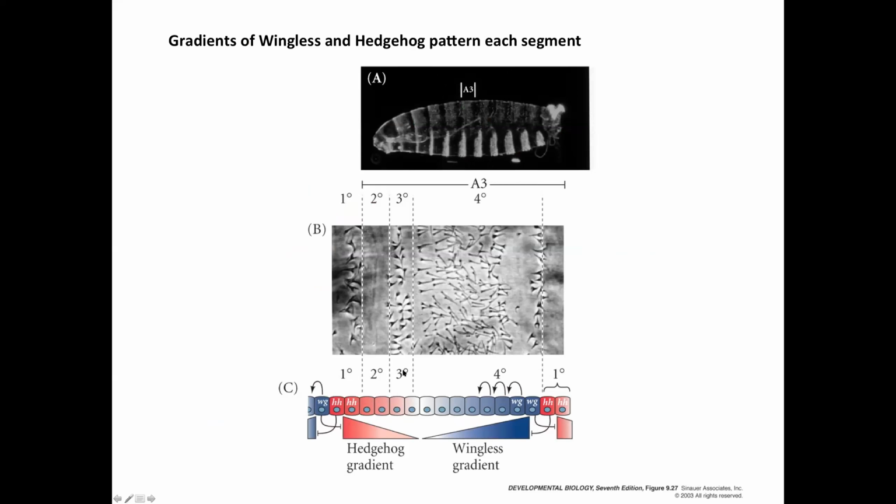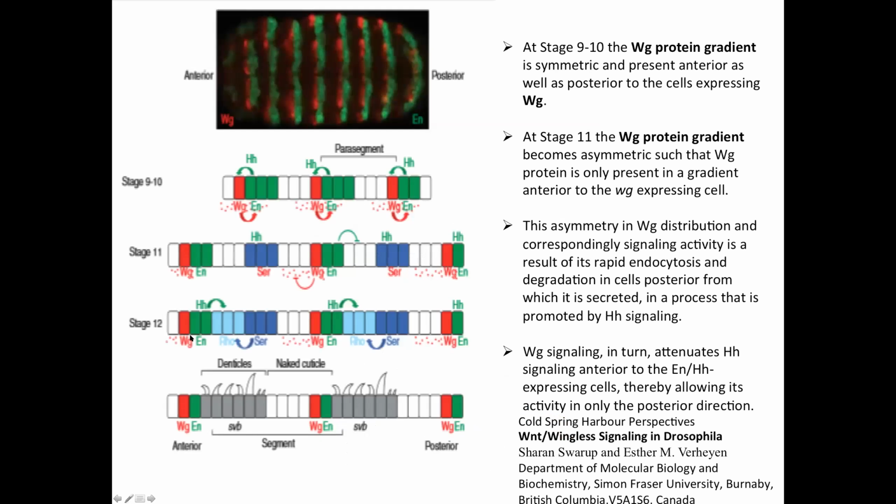So now, the entire thing that the embryo has been doing, utilizing gradients, utilizing transcription factors, utilizing a transcriptional hierarchy, all of these events are now set in place to give rise to these different patterning events and give identity to each of the cells.